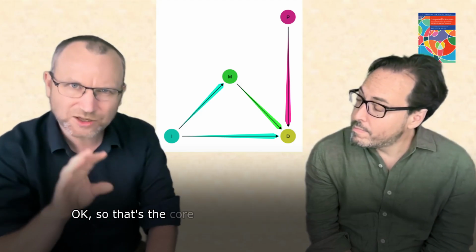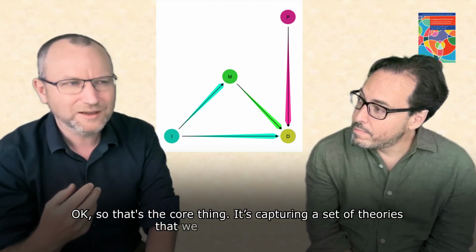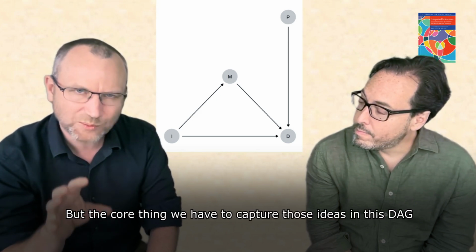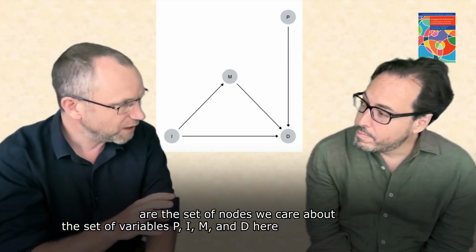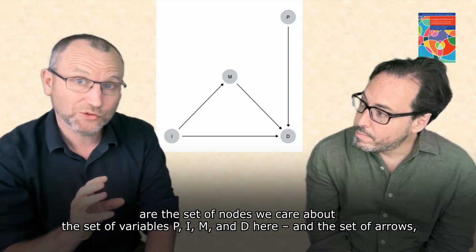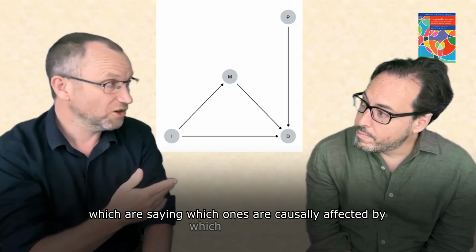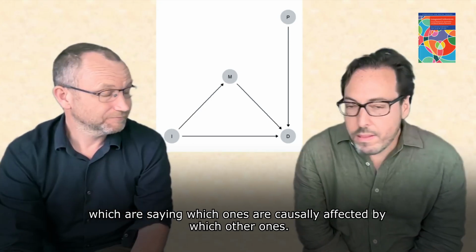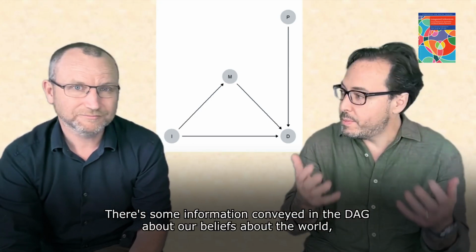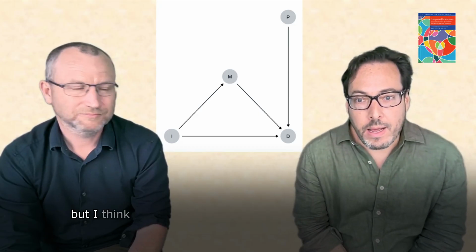So that's the core thing: capturing a set of theories that we have in the literature. To capture those ideas in this DAG, we have the set of nodes we care about, the set of variables, P, I, M, D here, and the set of arrows, which are saying which ones are causally affected by which other ones.